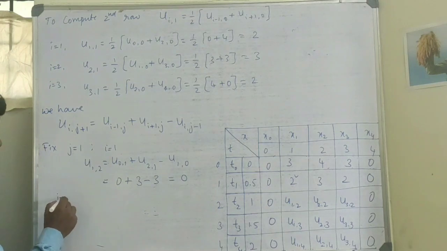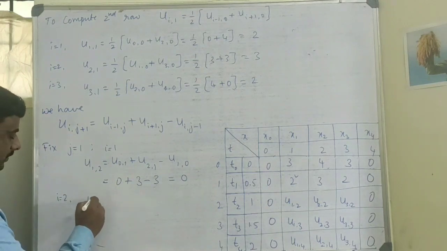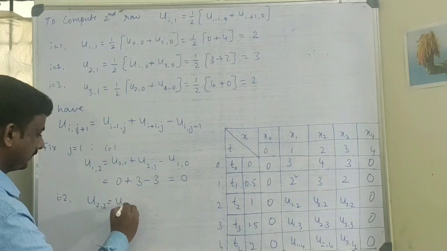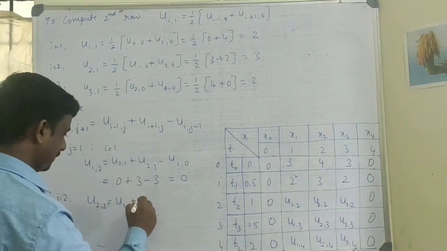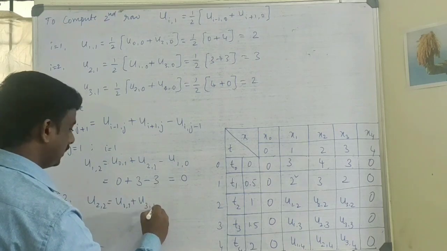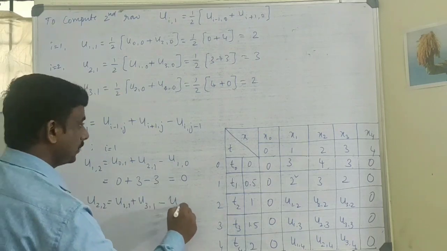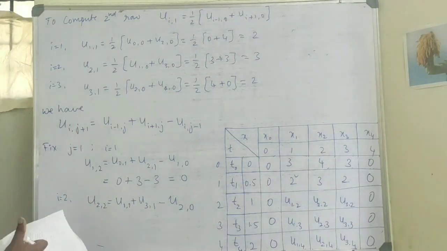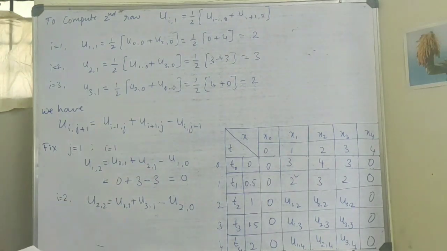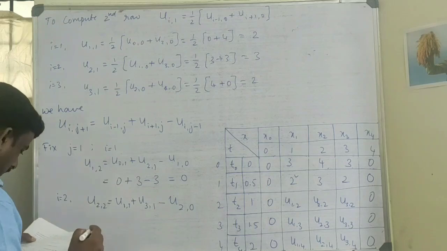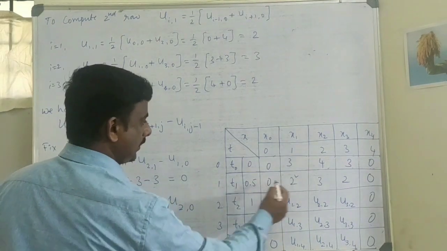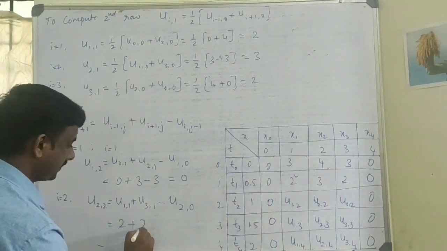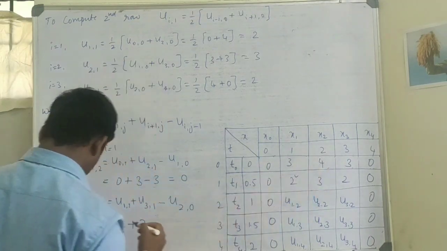Now i equal to 2: u(2,2) equals u(1,1) plus u(3,1) minus u(2,0), which is again 0.